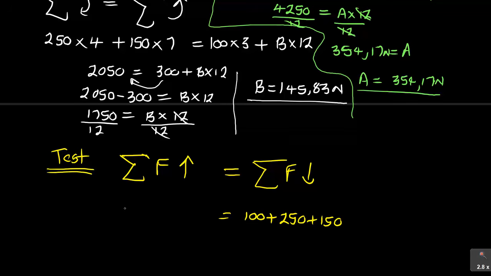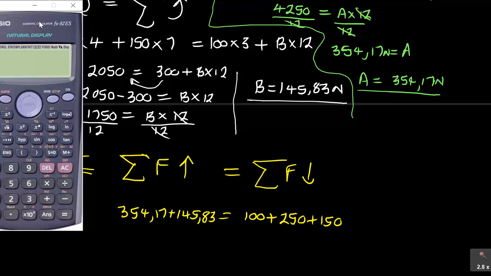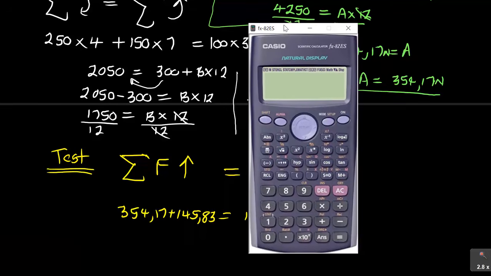And then we did calculate A and B. We said A was 354.17 and B was 145.83. If this balances, it means your calculation is correct. If they don't balance, go back to your calculation and correct it. So if I say 354.17 plus 145.83, it gives me 500.